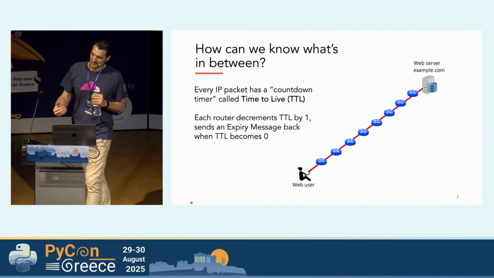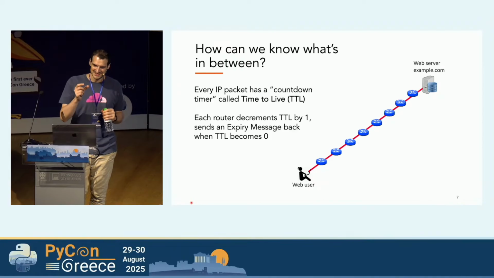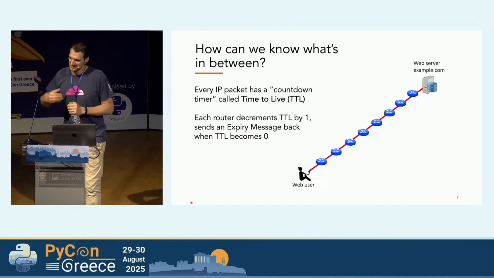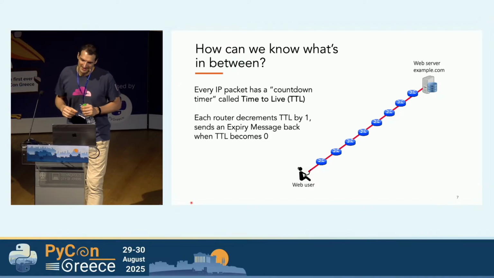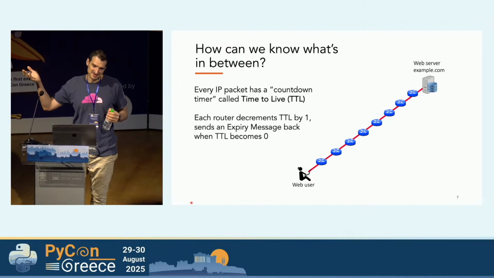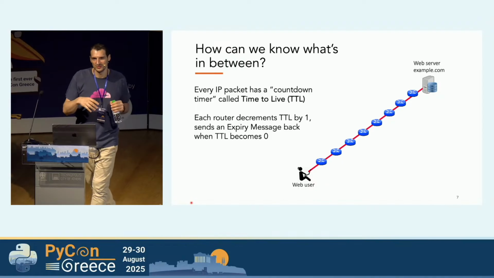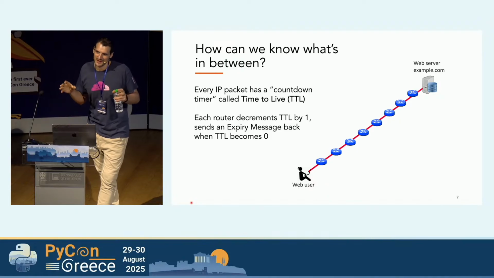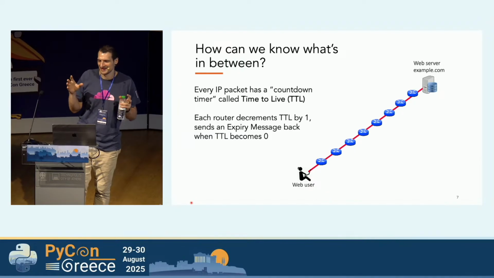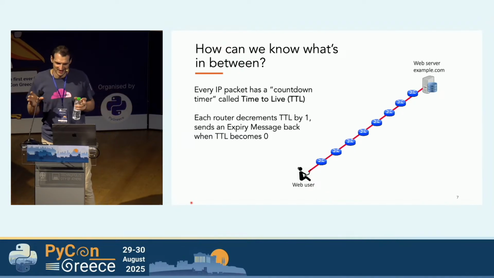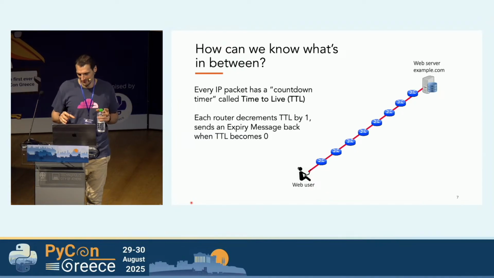Whenever a router receives a packet, it checks the TTL, decrements it by 1, and pushes it forward until it reaches the destination, or until TTL goes to 0, and then the router will send it back to us and say, your TTL expired, do something else, like increase TTL or give up, but I cannot forward it further.